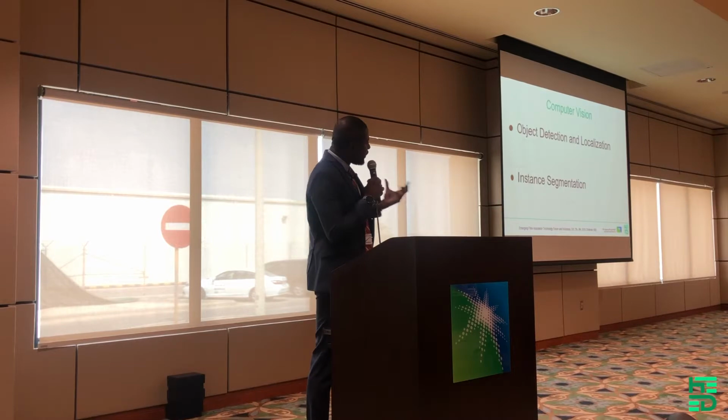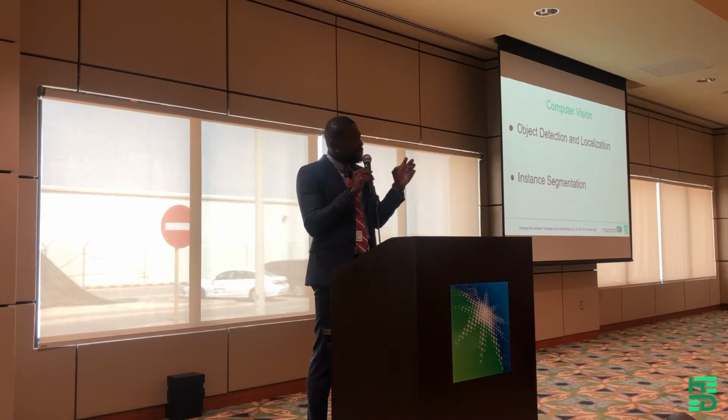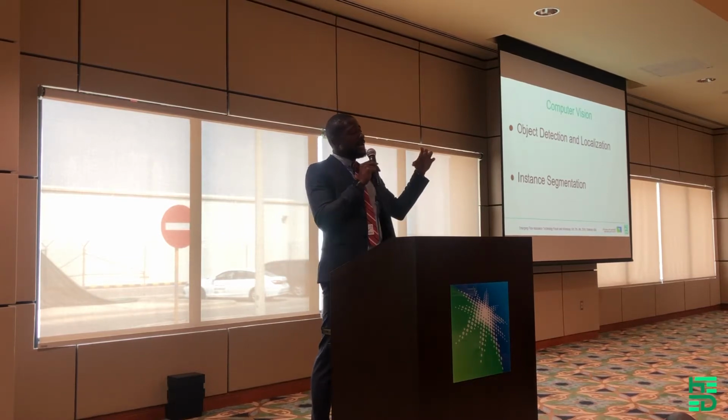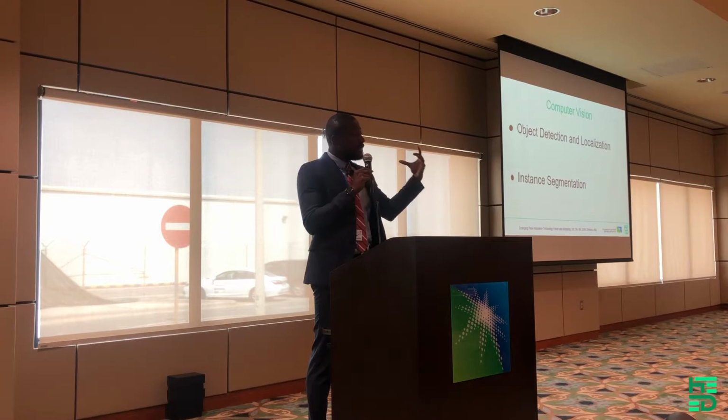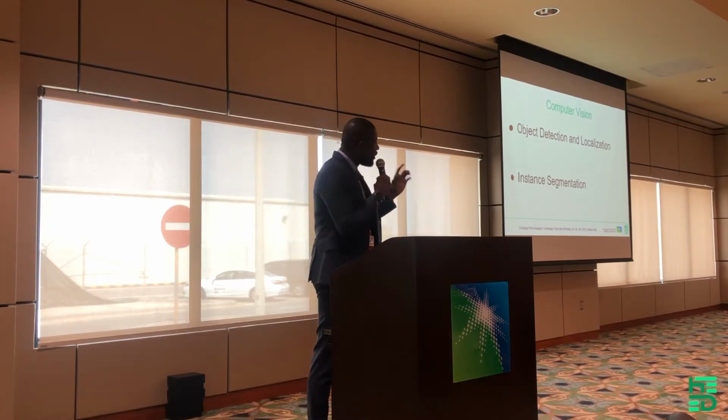That's the methodology we use for the first computer vision technique of object detection and localization. We can detect, not just looking at an entire length of pipeline, but within the pipeline, what segments have those corrosion defects.